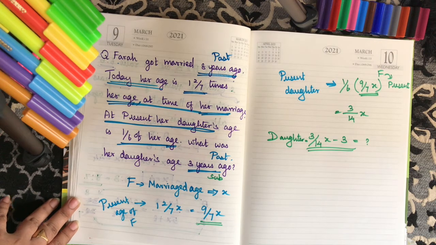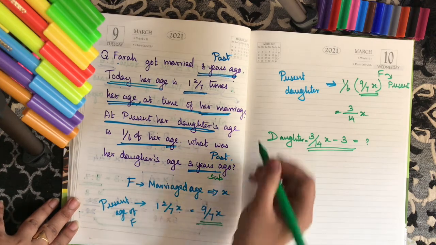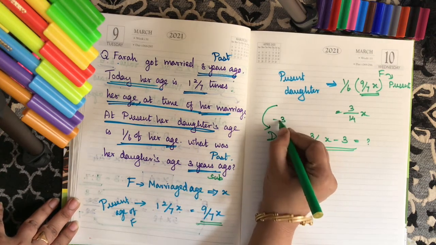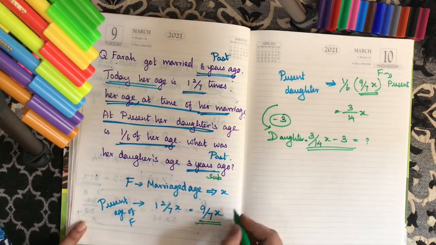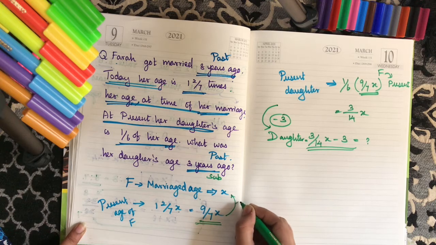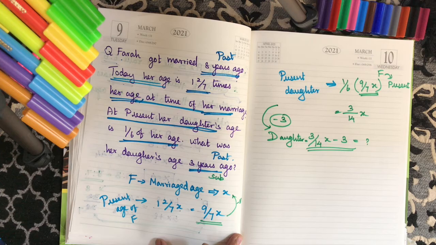Okay. So they have given the past here. So past, that is minus 3. And 8 years ago. So this one is also minus 8. So first we have found the relations.